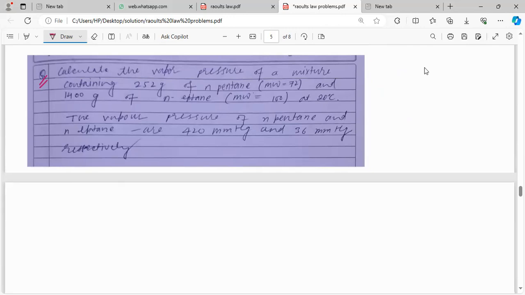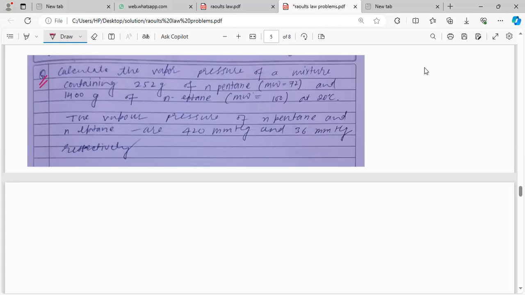Calculate the vapor pressure of a mixture containing 252 grams of N-pentane. What is the molar weight? Molar weight is 72. And 1400 grams of N-heptane.